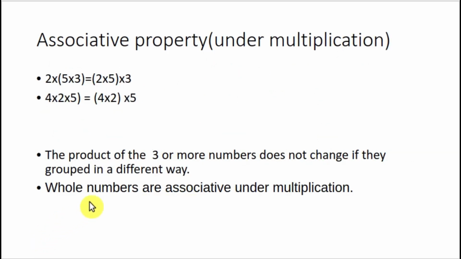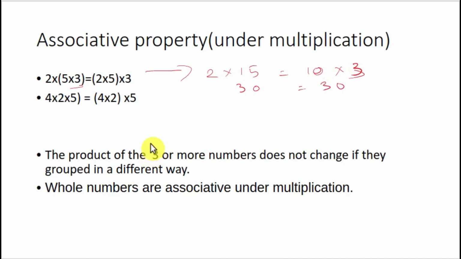Next, coming to multiplication. Associative property on multiplication. Here also 2, I am grouping this 5 into 3. So what is the answer? 2 into 5 into 3 is 15. Here 2 into 5 is 10, into 3. So 2 into 15 is 30.